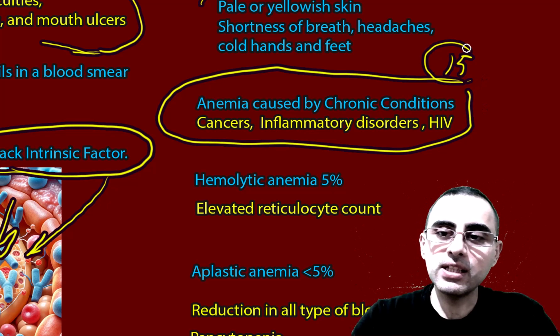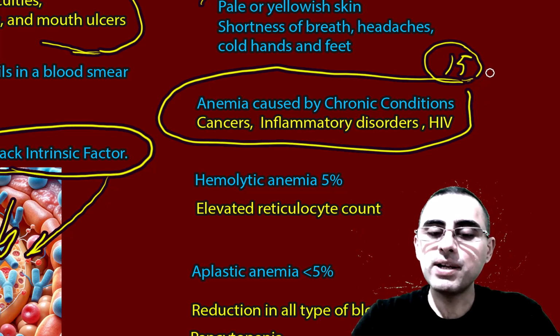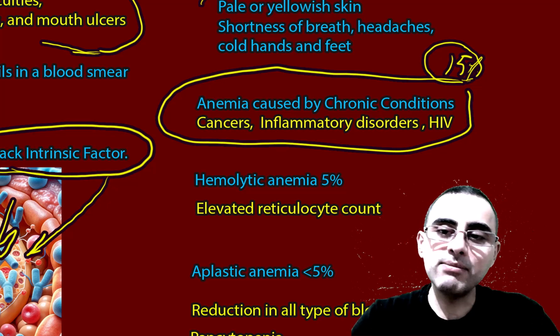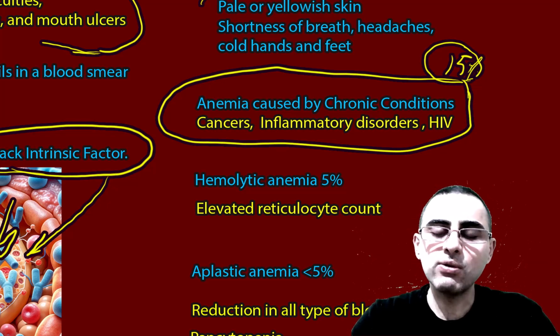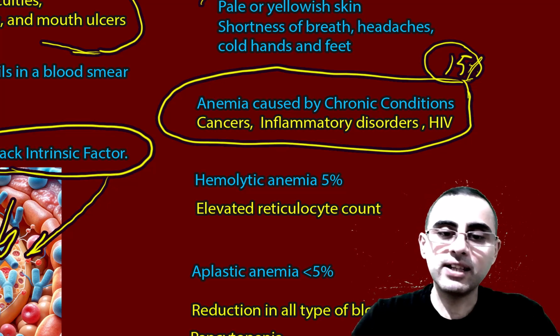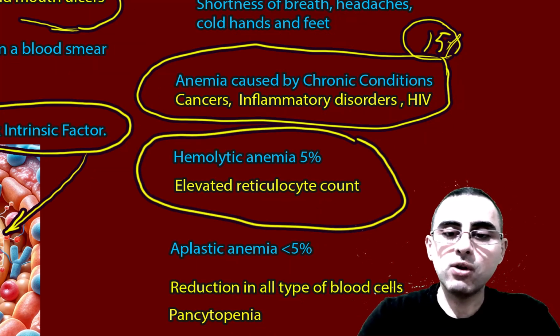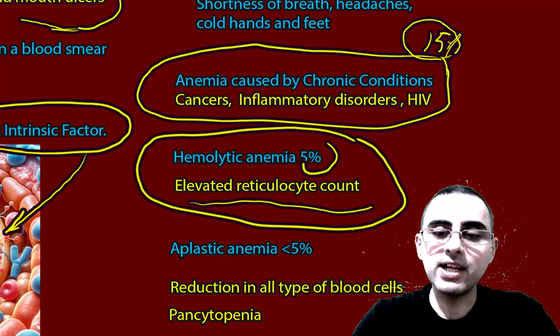Such cases are not very common, responsible for only 15% of cases. And it's also important because this anemia is not the main complaint of the patient, because the patient already has a serious disease, and this anemia is secondary.